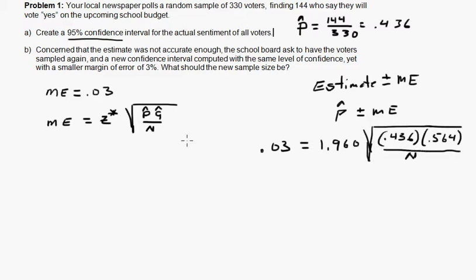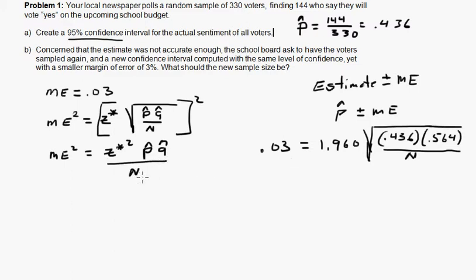Okay, so over here, if I wanted to solve for n, I could square this, and it's a little bit sloppy, but I'm going to square everything. So that gives me the margin of error squared equals z star squared times p hat, q hat, all over n. Alright, so then I can just solve for n.